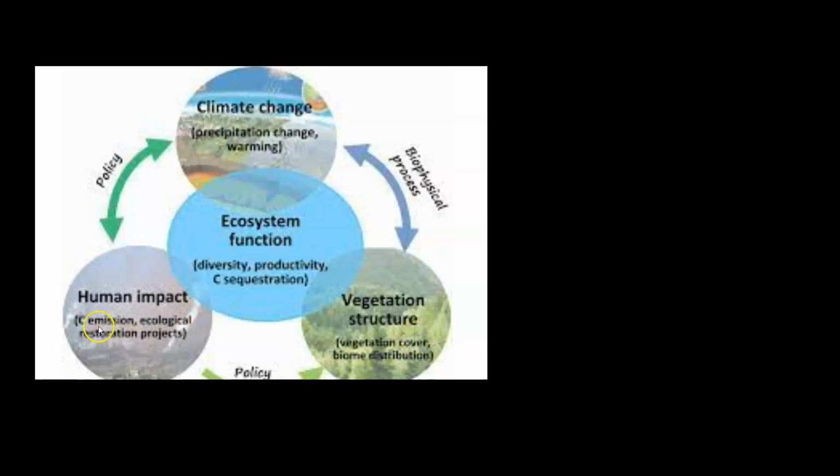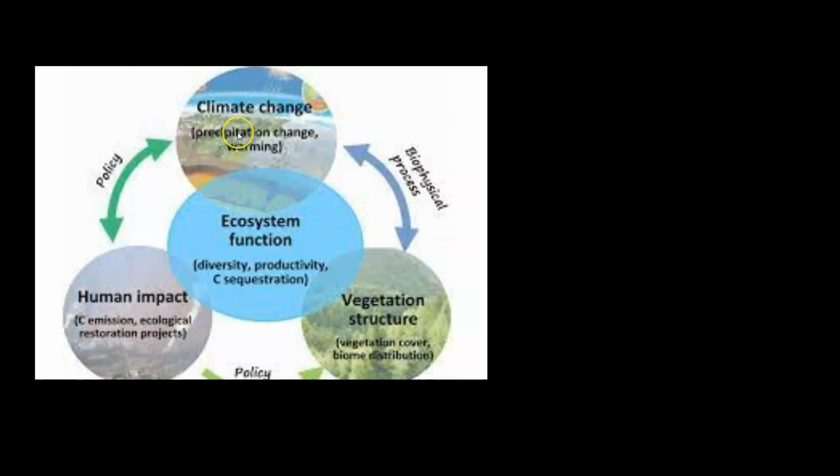We have either the impact of humans in terms of emitting more carbon into the atmosphere, so releasing carbon rather than keeping it sequestered. Or we have the opposite. We have the restoration of ecosystems occurring through human impact.